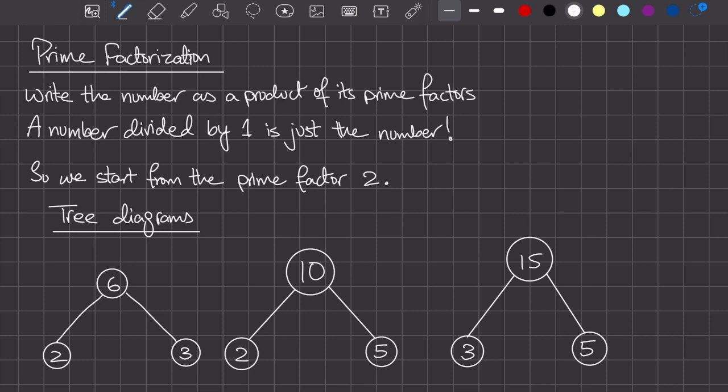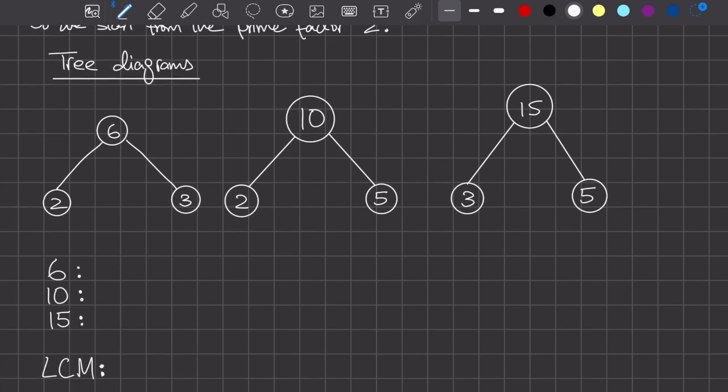Now, we list down all these prime factors for each number. Then, we select the maximum powers of each of the factors. We start with 2. The factors of 6 and 10 both include just one value of 2, so we can circle either of them. Then we have 3. Both the factors of 6 and 15 just include 1 3 each, and so we can circle a 3.